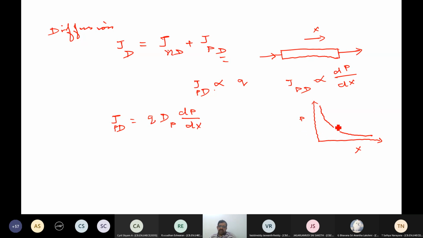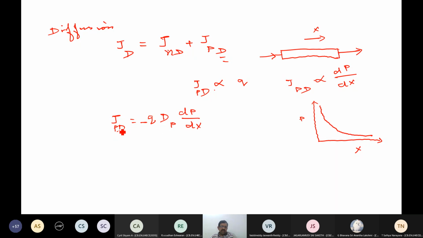Now what about the sign on this? That is one thing. So this exponential decay, therefore dp by dx is negative. So we know the current, negative current means it is actually flowing in an opposite direction than the current direction that we have assumed. That's all. So I have to add a negative sign to ensure that the current density is always positive. So minus q dp by dx, because this will bring a negative value, and this negative of negative will become positive. q is positive, the charge of a hole.